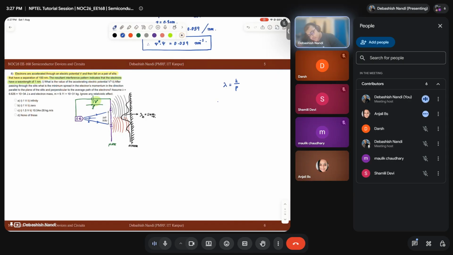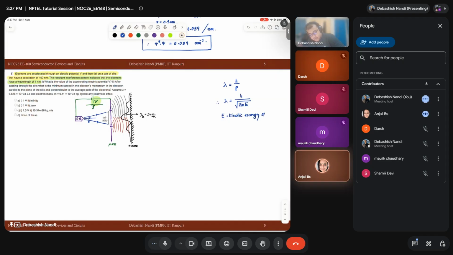Okay, so lambda is equal to h by square root of 2mE, where E is the kinetic energy of the electron, right? Yes, sir, kinetic energy of the electron.